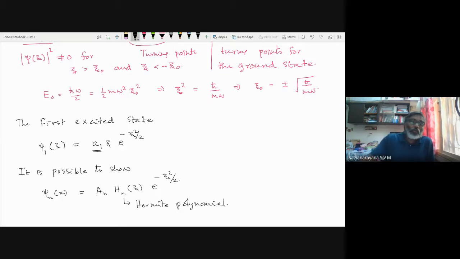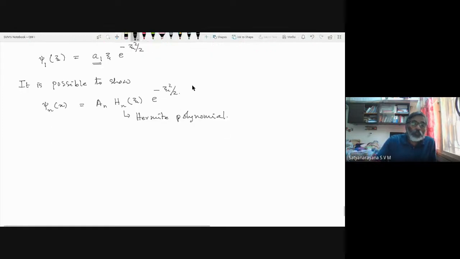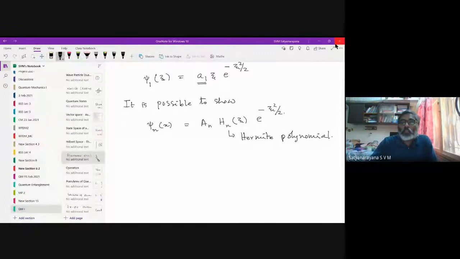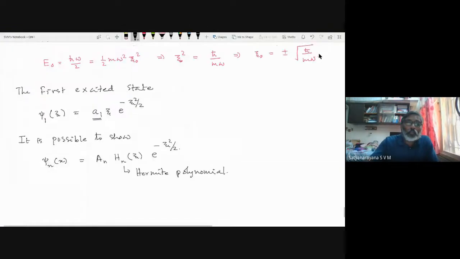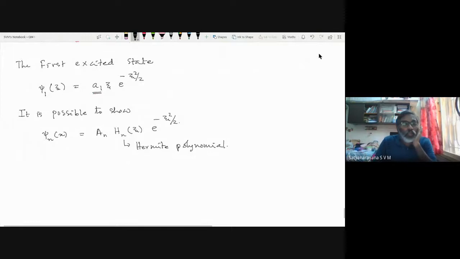Now I wanted to make one remark here. If you have noticed our previous discussion, I made a comment once that the polynomials, when you take a standard inner product, will not be L2 functions. They will not be square integrable functions.